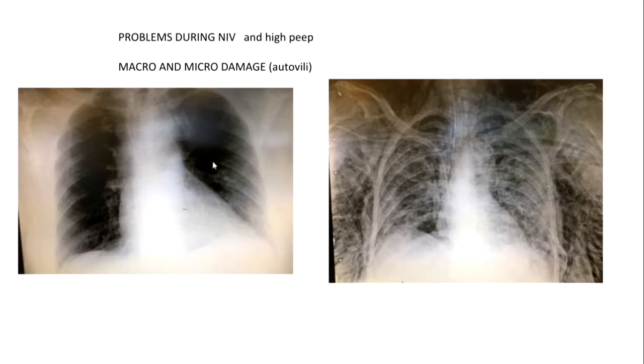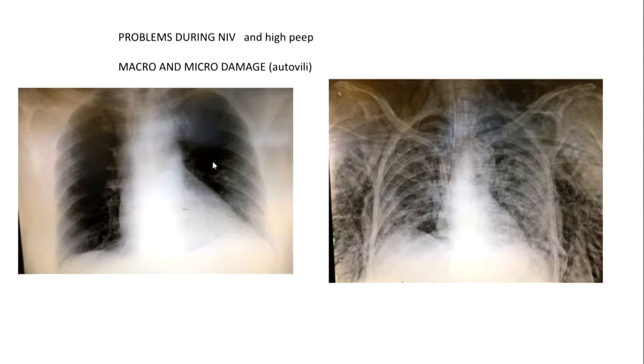And in this, we can have many problems with non-invasive ventilation, because when you use PEEP, you can have subcutaneous emphysema, like this case. This does not happen in all patients, but it's only an image to let you understand that when you apply PEEP to an inflamed lung, you can do damage that is named self-induced lung injury or ventilator-induced lung injury.